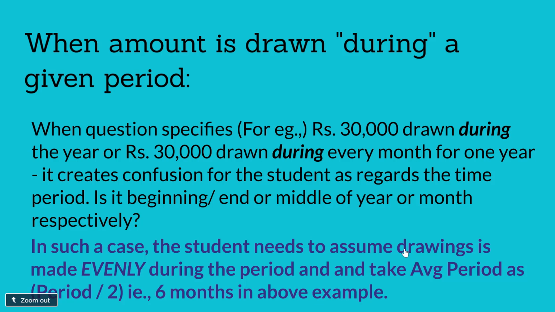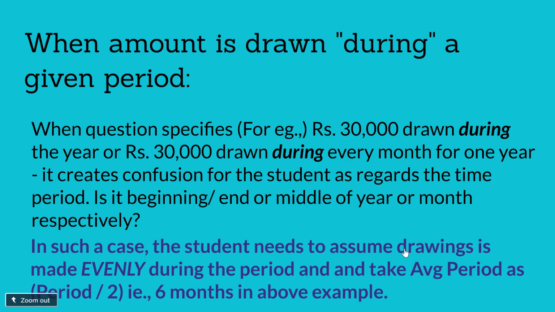Should we take the beginning or end or middle of such a period when the word during is used? For example, rupees 30,000 drawn during the year, or rupees 30,000 drawn during every month for 1 year. Are they referring to the beginning, middle or end of the year, or in the case of the second example, beginning of month, end of month, or middle of the month? Students get confused.